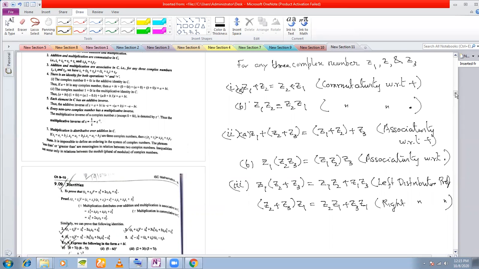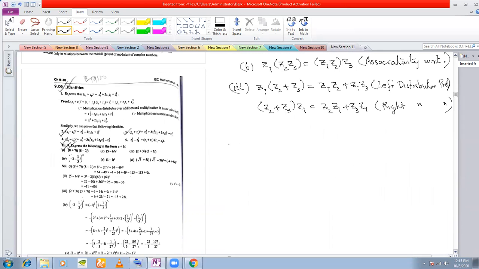Now, the question here is, they have shown that Z1 plus Z2 whole square is equal to Z1 square plus twice Z1 Z2 plus Z2 square. Does this formula hold in case of complex numbers?